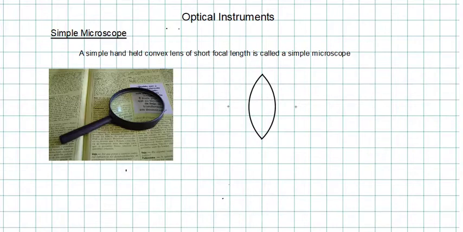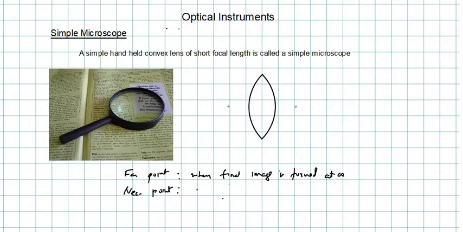Now, when you talk about magnification capabilities, every optical instrument works in two modes. One is called the far point adjustment, and the other is called the near point adjustment. What is far point adjustment and what is near point adjustment? In far point adjustment, when the final image is formed at infinity, we say the lens or the instrument is working at far point adjustment.